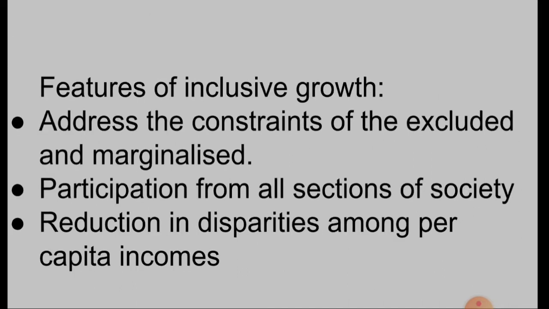So what are the features of inclusive growth? The first feature is that we have to address the constraints of the excluded and marginalized. So who are the marginalized in our country?